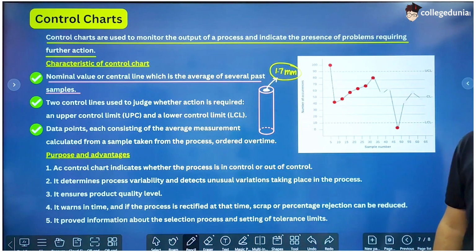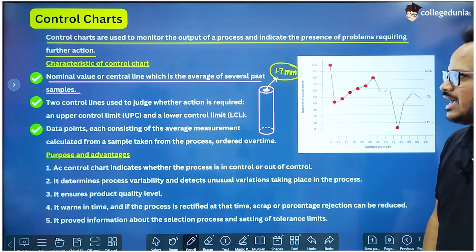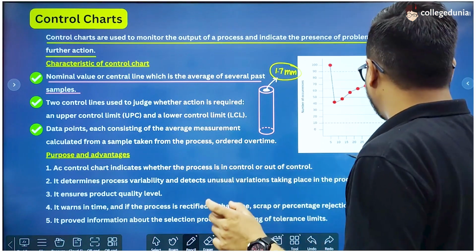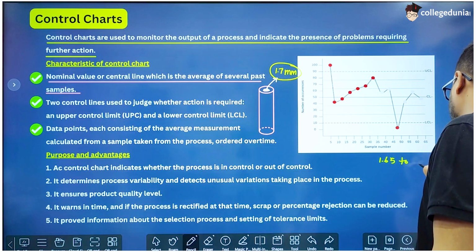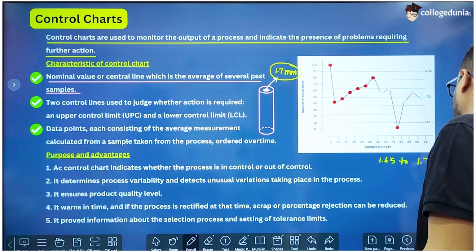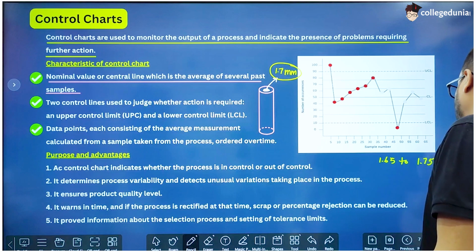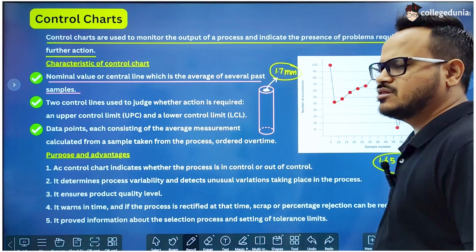Now, if the diameter of this hole is 1.7 mm and we have a limit of, suppose, 1.65 to 1.75 mm, then any diameter within this limit is acceptable.